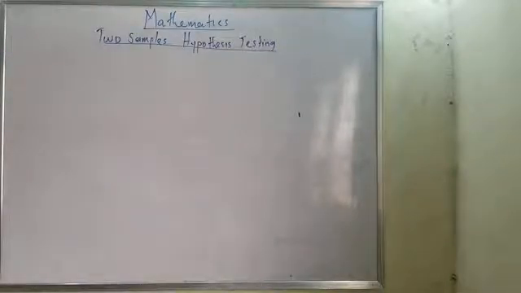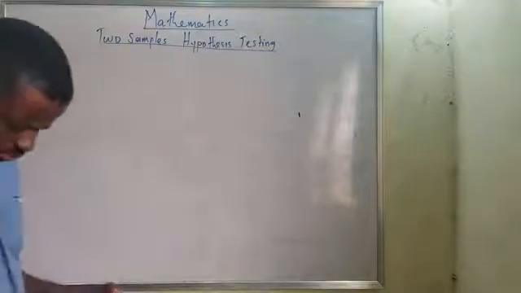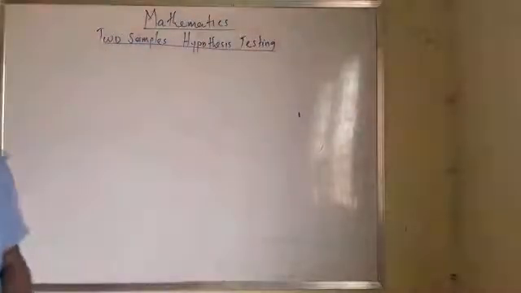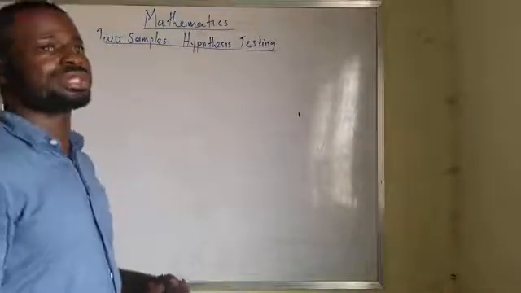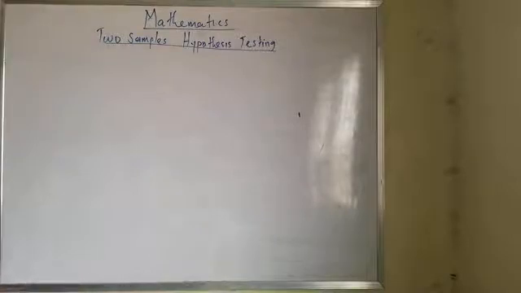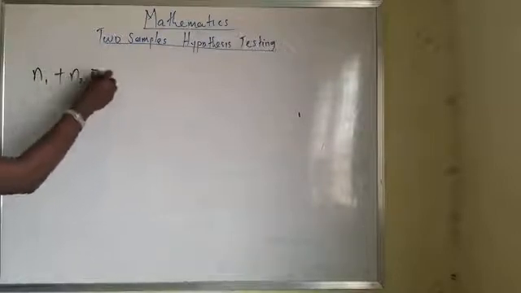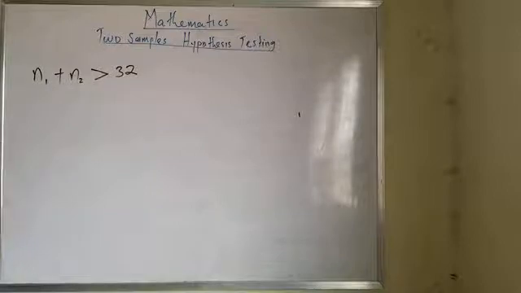You have to get your critical value, that is the Z table value, and the Z calculated. Those two things are very important. Take note of that. If I'm talking about the Z-test, I've told you that my N1 plus N2 will be greater than 32.